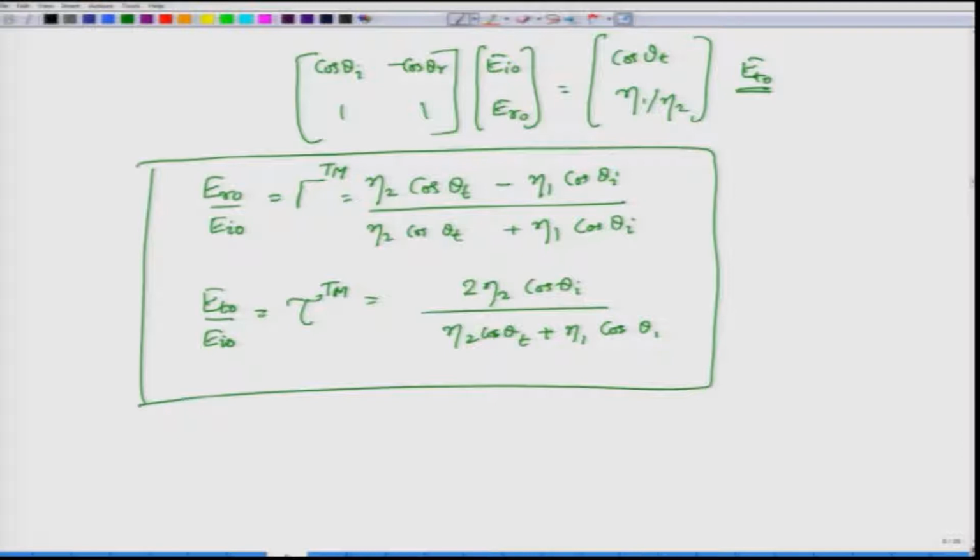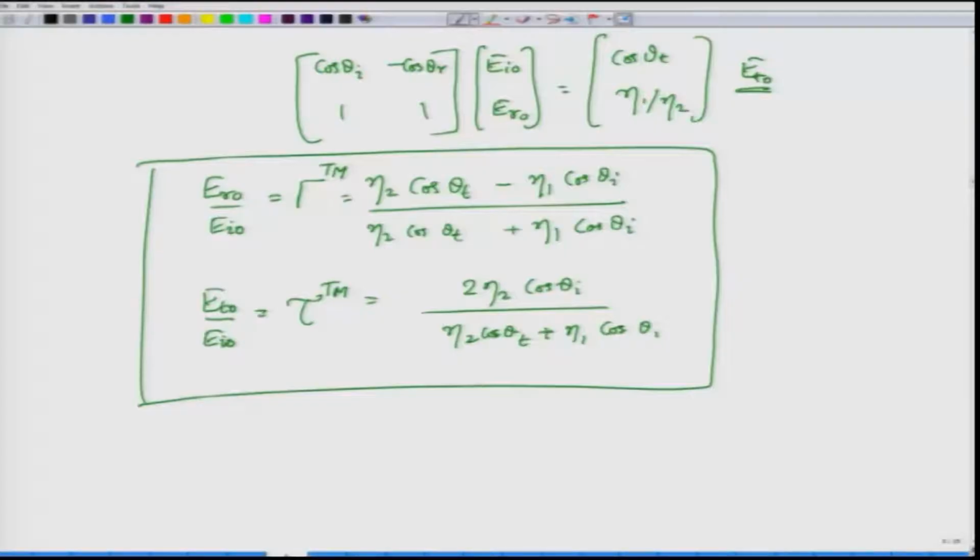And then we went one step ahead where we actually calculated the reflection coefficient, meaning the ratio of the reflected electric field amplitude. Please note this, this is the ratio of the reflected electric field amplitude to the incident electric field amplitude, and this ratio that we calculated we called the reflection coefficient, and because this is for the transverse magnetic case, right, we put a superscript TM onto the reflection coefficient, which we denoted by gamma, and we actually did it by a nice matrix kind of a method.